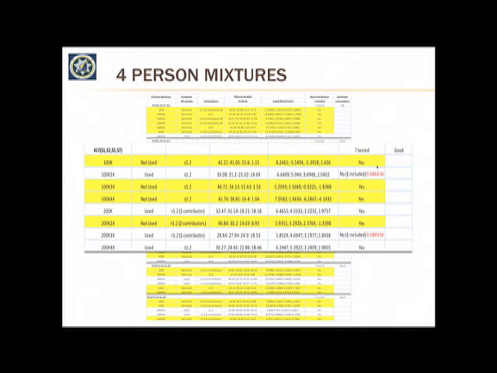You can see that in 2 of the ideal analyses, all non-contributors were excluded or gave negative log likelihood ratios. But in another 2, and they're indicated in red for that non-contributor, a very small log likelihood ratio was generated for a non-contributor to this 4-person mixture. So let's take a look at that electrophoregram data to get an explanation for why that might be the case.